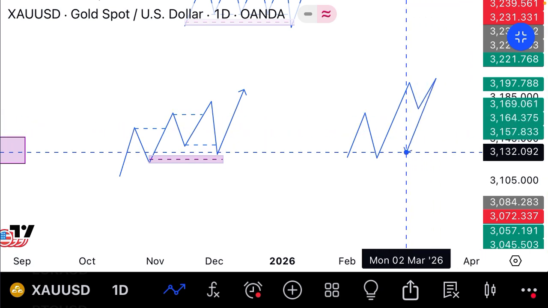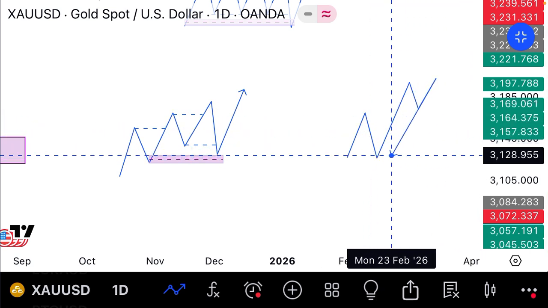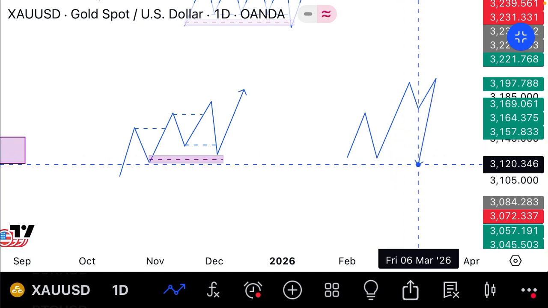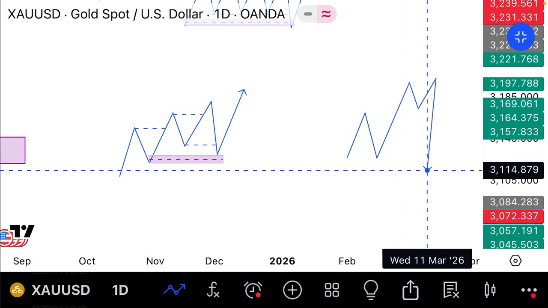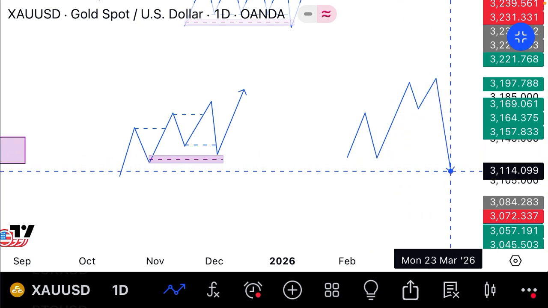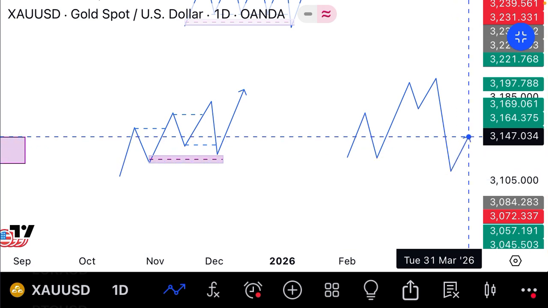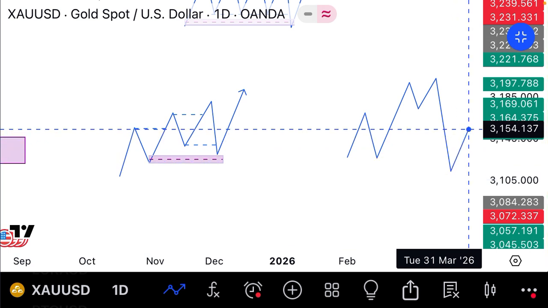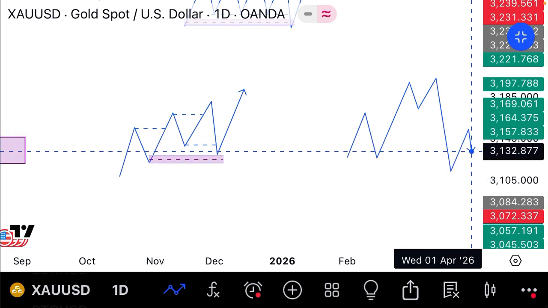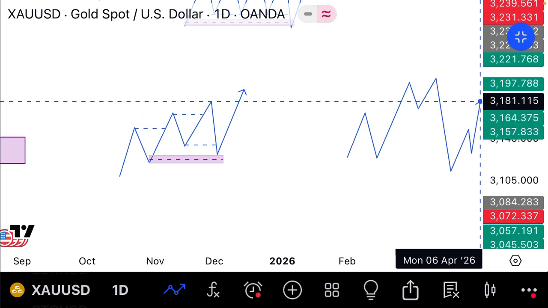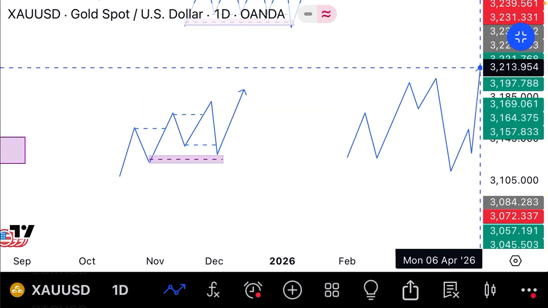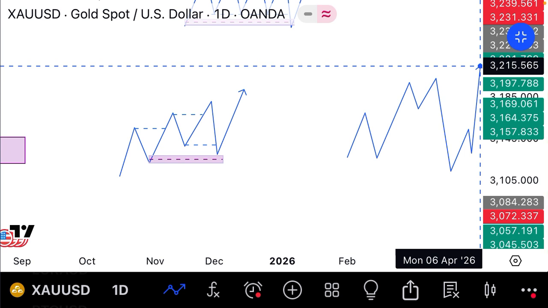So if price is coming down to this POI, know that this POI will be induced. Price will have to take it out like this and do something like this. Create another high like this, then come and tap into that POI that was broken, and then buy. Just something like this, what you should be seeing.